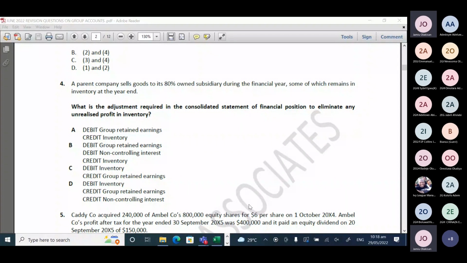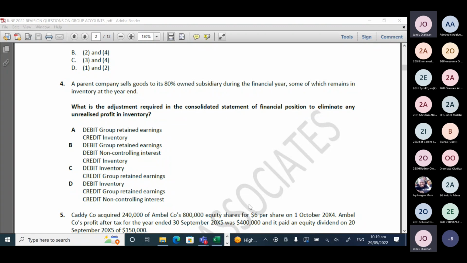Who sells? Parent sells, right? When parent sells, there is nothing that concerns NCI in the unrealized profit, is that not? It's only when the subsidiary sells that NCI will have a share of the unrealized profit. When you sell and make a profit which is considered unrealized, group retained earnings has to be reduced and the group inventory has to be reduced.